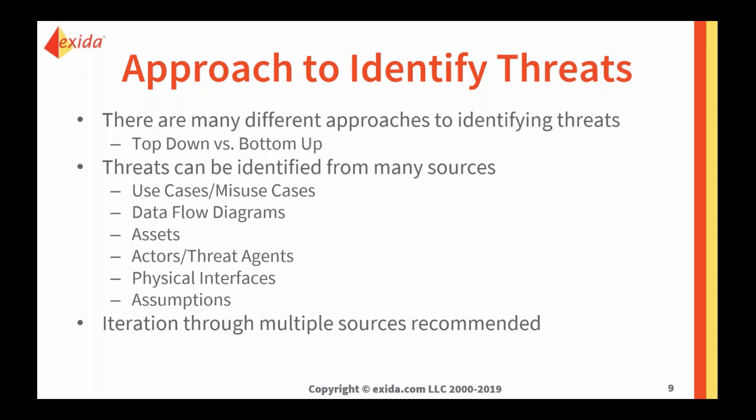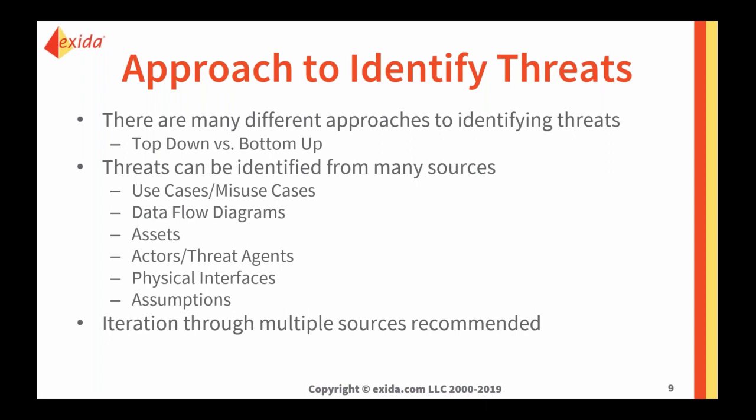What are the paths to get to that access? Another view is to look at the actors or the threat agents. What are the types of people that might be interacting with the system normally, and what would be the types of people that might want to interact with the system negatively and might want to take advantage or hack the system? And if you understand what those people are and what their motivations might be, for example, it might be a disgruntled employee or a former employee, or it could be a competitor, or it could be a terrorist of some kind.